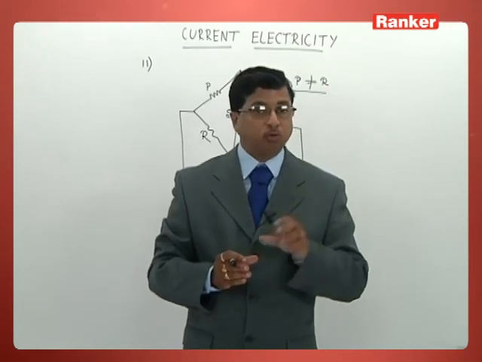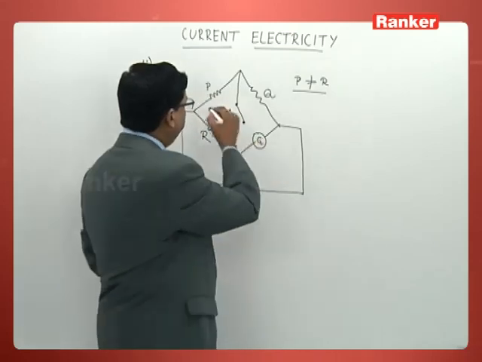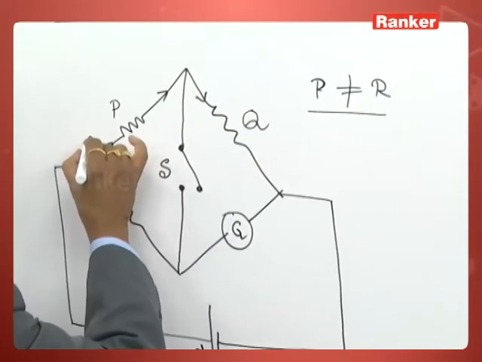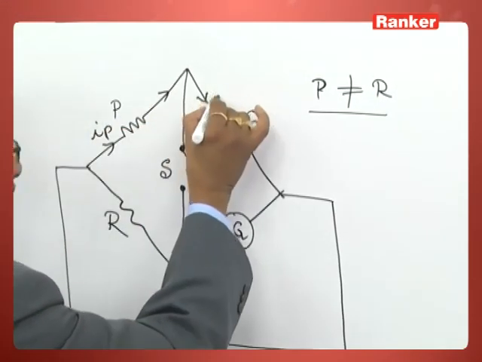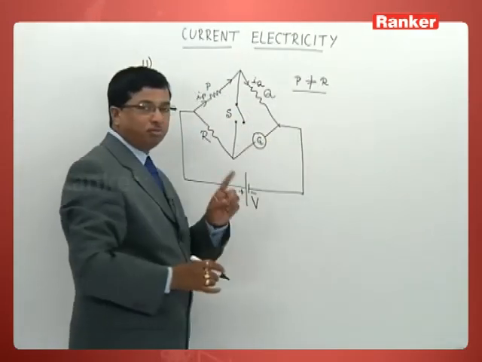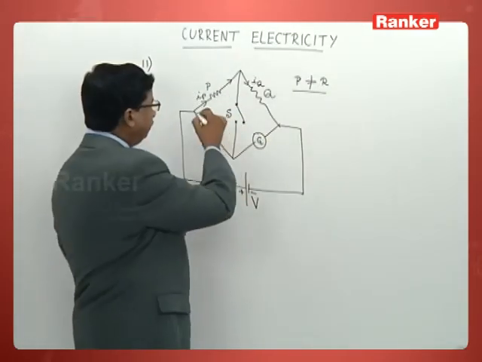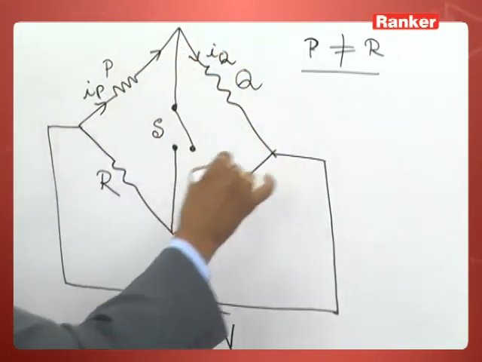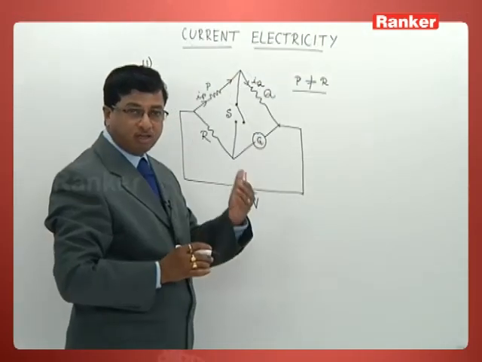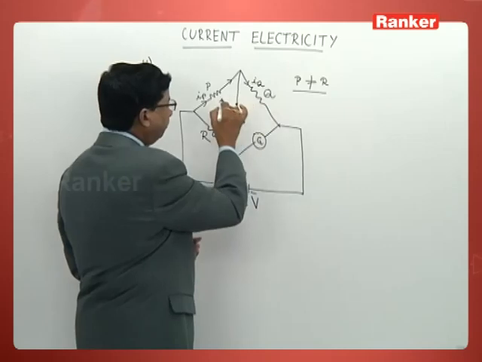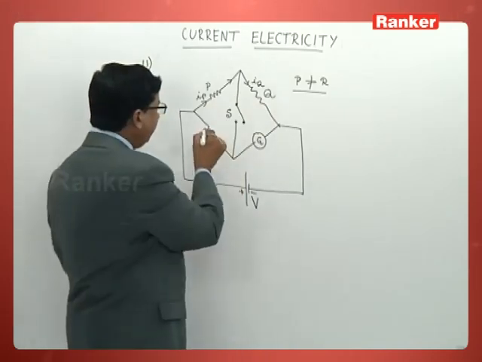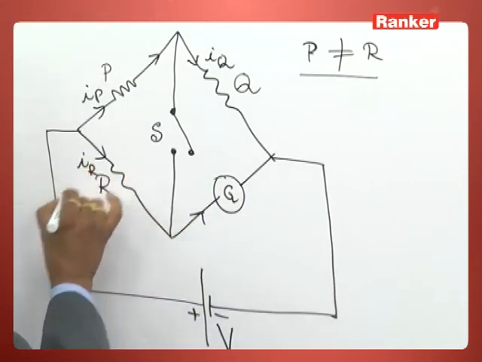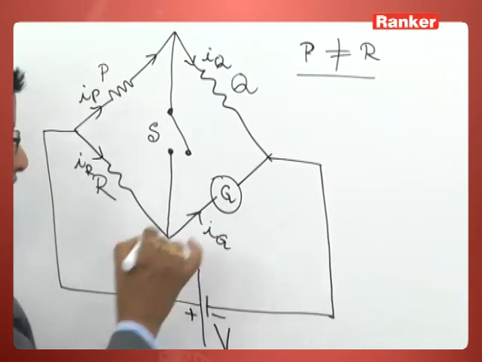The balancing part, we know it. P and Q should have the same current. That means the current across P and the current across Q must be the same. If this is a well balanced Wheatstone bridge, the currents across these two resistances are going to be equal. Why are they equal? Because these two become in series now. Similarly, these two will carry the same amount of current. That means I take this one as IR and this one as IG.